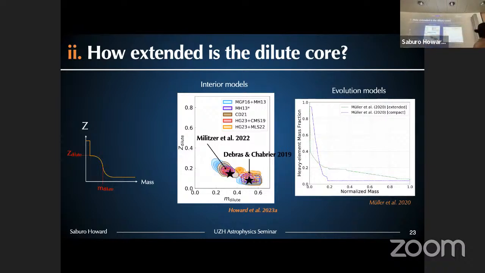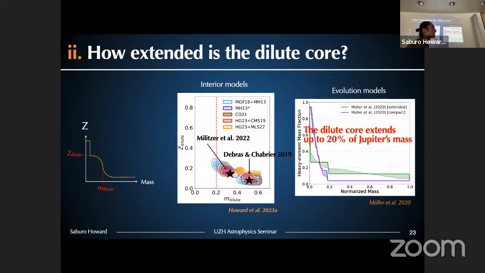In the blue case, the dilute core at the initial state of the evolution doesn't extend more than 20% of the mass of the planet. And in the cream case, you can see that this composition gradient is much more extended. So they modeled the evolution of the planet, and at the end of the simulation, they find that in both cases, the dilute core region cannot extend up to 20% of Jupiter's mass, which is here.